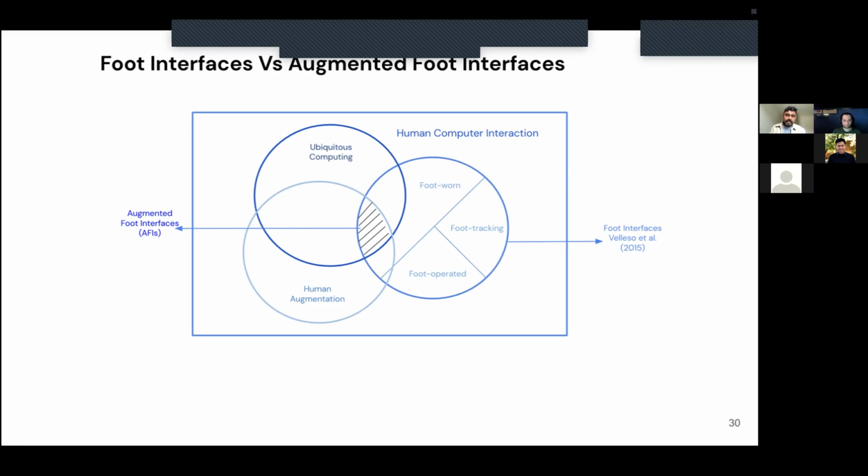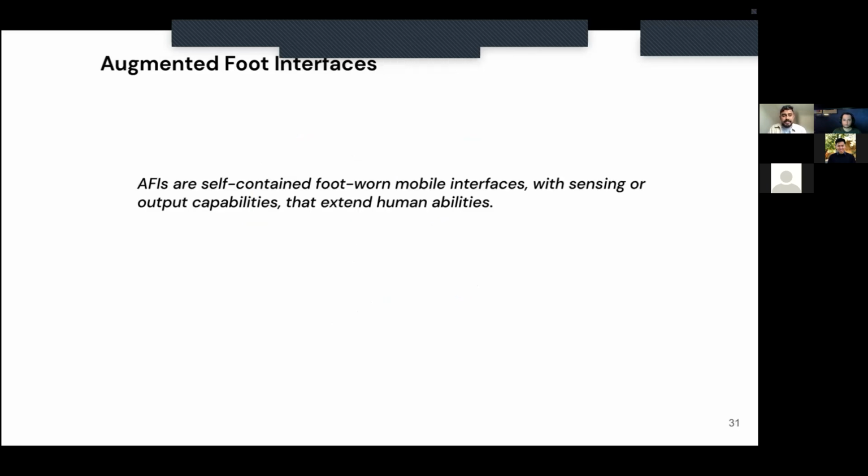However, after the advancement of ubiquitous computing, you can see those foot interfaces have also developed into augmented foot interfaces. We identified this new paradigm of foot interfaces as augmented foot interfaces: self-contained foot-worn interfaces with sensing or output capabilities that extend human abilities.